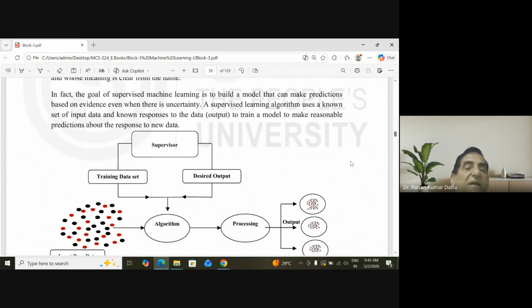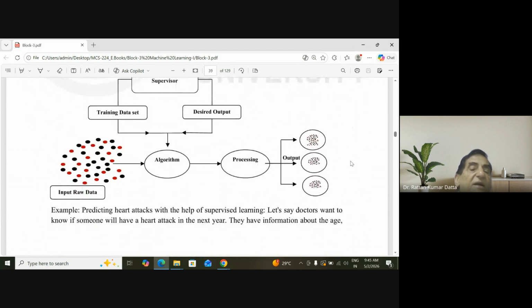Here this is the data, here the training data, supervisor, so algorithm, process, and then this is broken up into three steps of data. This is input, this is output, so that now on these you can have different models, so you can do it.